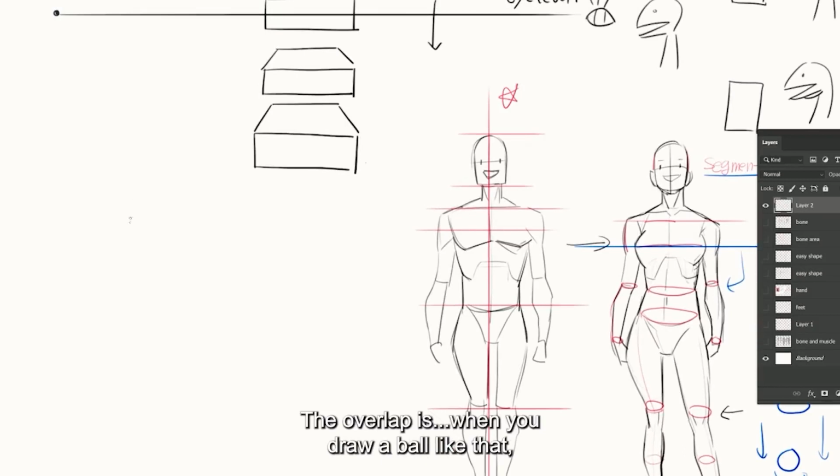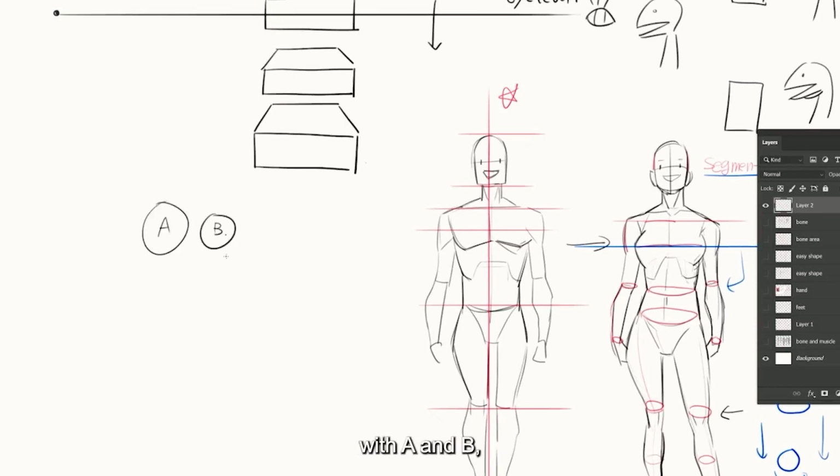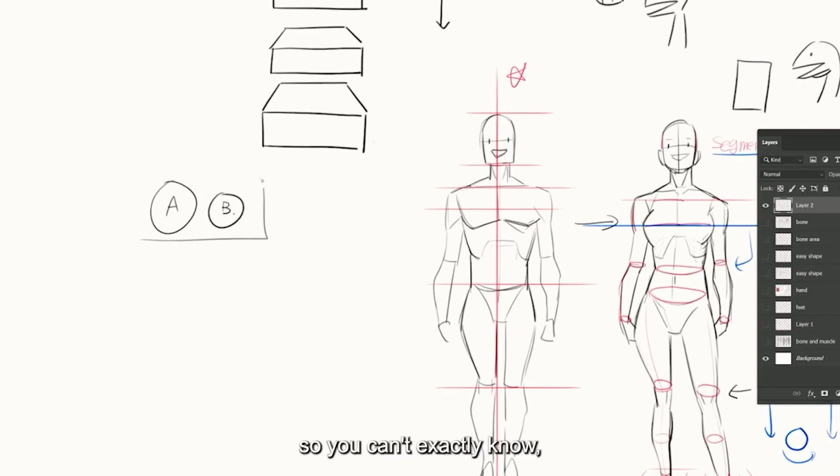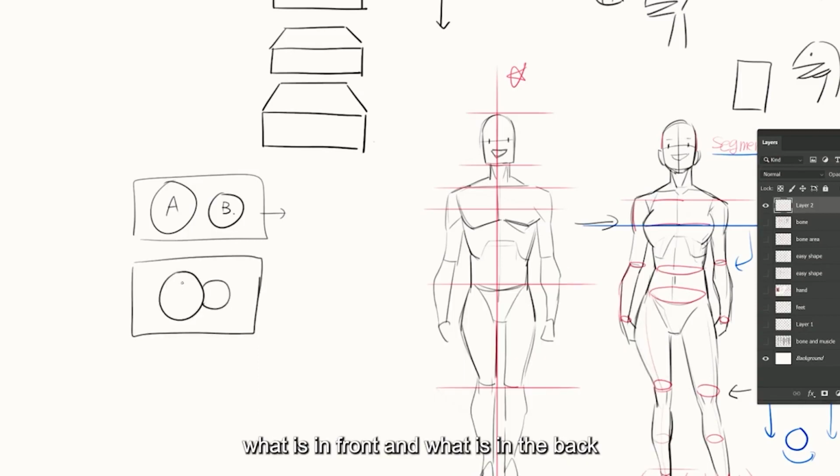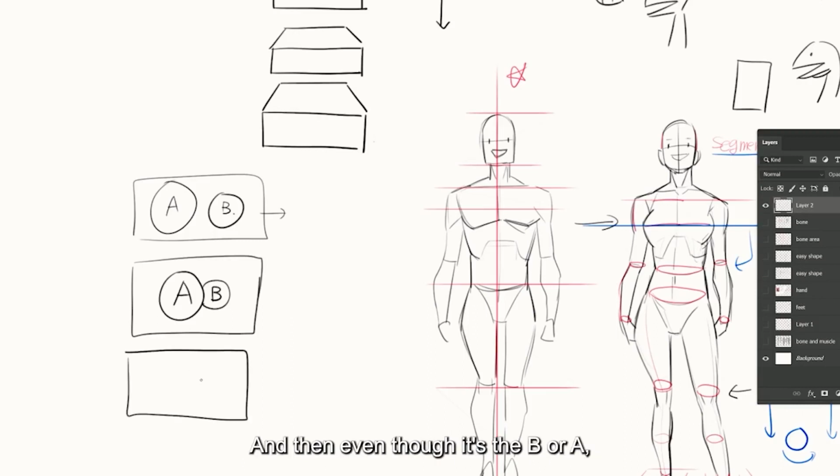Overlap is when you draw a box like that, with A and B. You can't exactly tell which is closer to you, but with overlap it becomes really clear what is the front and what is the back. B is the front and A is behind, and everything is so clear.